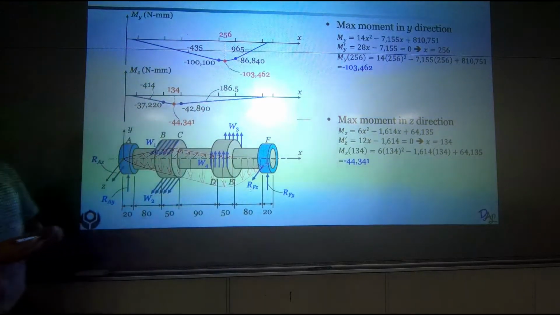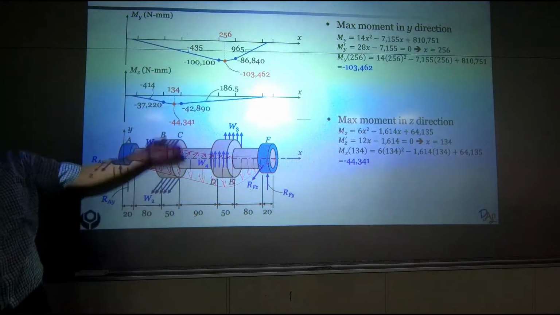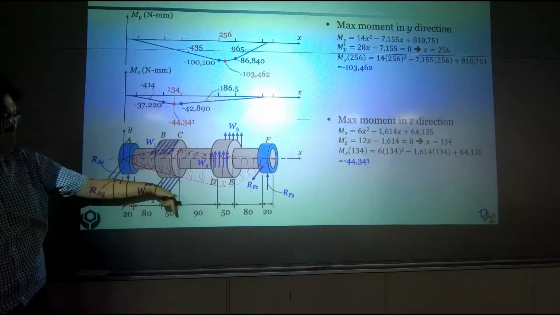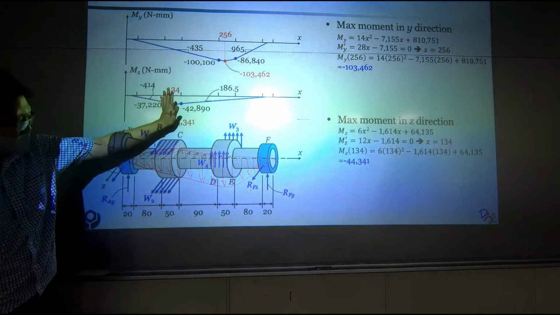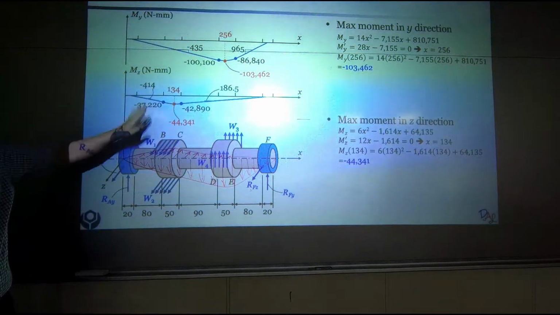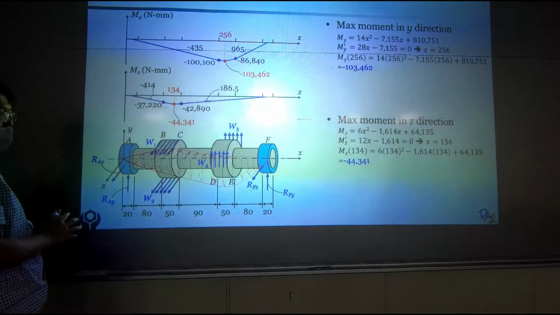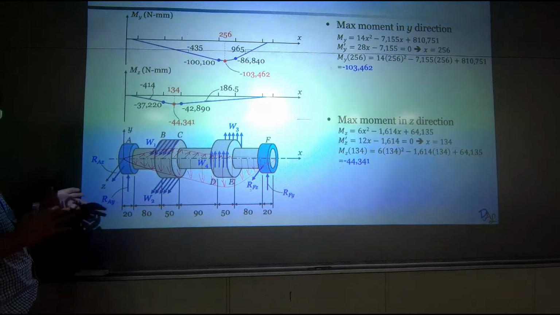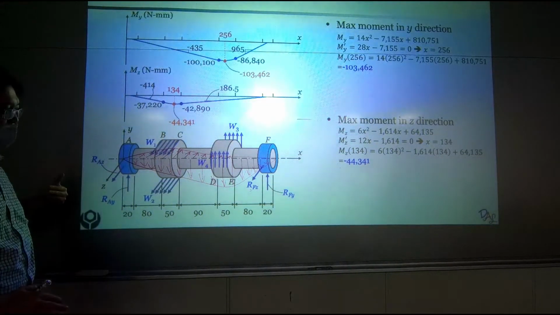So this is on the XY plane going downward, and this is on the XZ plane going into the wall. So this entire shaft is being bent individually along the Y direction and the Z direction.